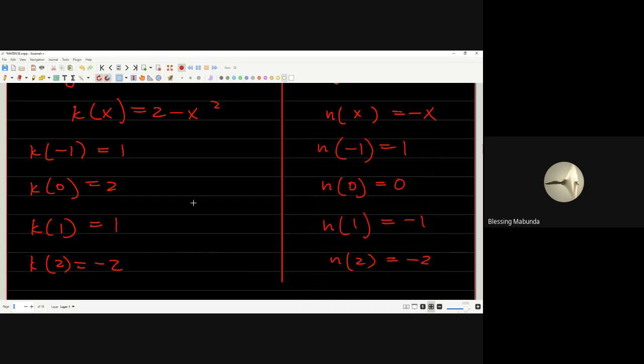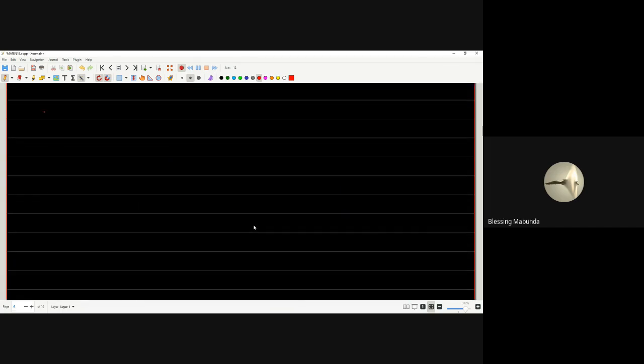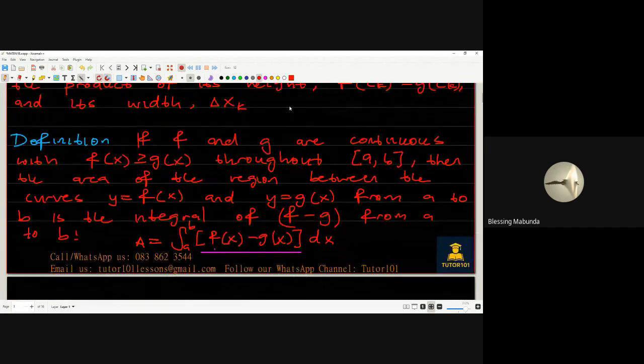So remember what we said before when we were looking at the definition. We said f is greater than or equal to g. And we can see here that k of minus 1 is equal to 1, which is equal to n of minus 1. So just taking you back to the definition, we're looking at f greater than or equal to g.